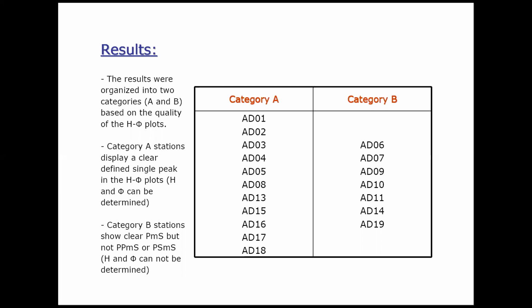Category A stations display a clearly defined single peak in the H-kappa plots, where H and kappa can be determined, while category B stations show a clear Pms but not PpMs or PsMs. So H and kappa cannot be determined.